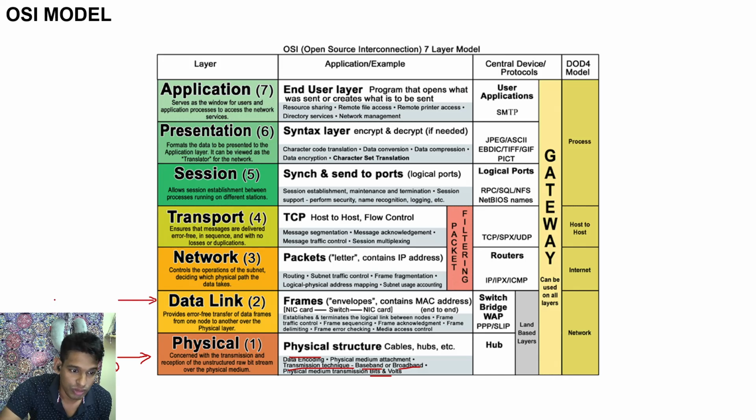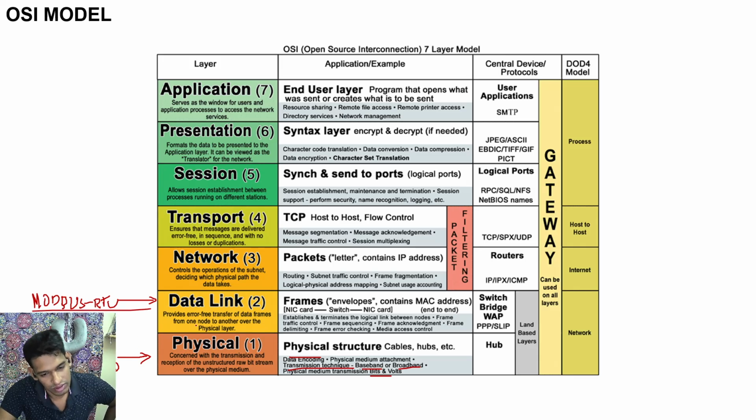So Modbus RTU comes in the data link layer. We have discussed it in the last module. So up to now we have only seen the physical layer and the Modbus layer. So the Modbus RTU works over a physical layer.